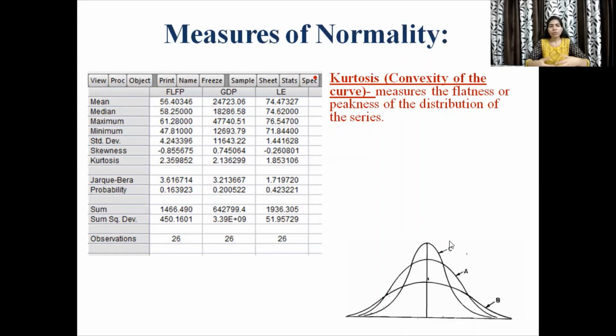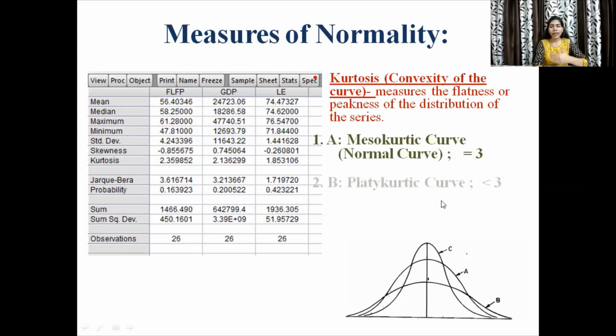So if we want to interpret the value of kurtosis, as you can see, if a particular curve is mesokurtic as that of curve A in this figure, the kurtosis value will be equal to 3. So if the value of kurtosis is 3, then that particular distribution is normal. And if the value of kurtosis is less than 3, that kind of curve like that of type B curve in the figure are platykurtic curves.